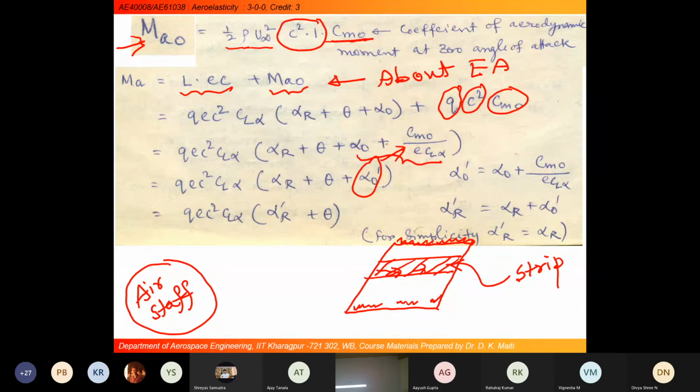In the conceptual design, at that point of time, I don't have the full idea of the full aircraft geometry. As I progress from conceptual design to preliminary design, I may get an overall geometrical configuration of the aircraft.